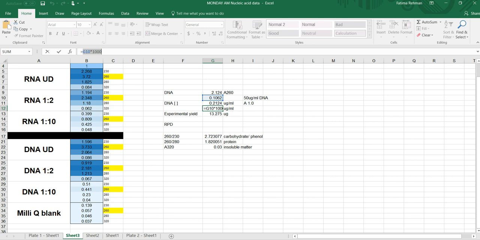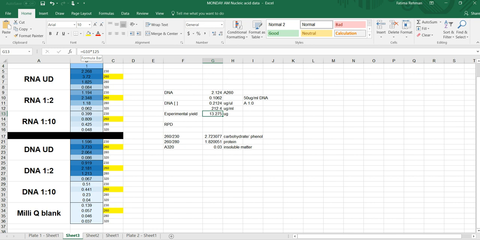And again, for the second one, obviously this number is going to be multiplied by 2 as well. So it's 212.4 microgram per mil. If I had a milliliter of this solution, I would have 212 microgram of DNA in there.